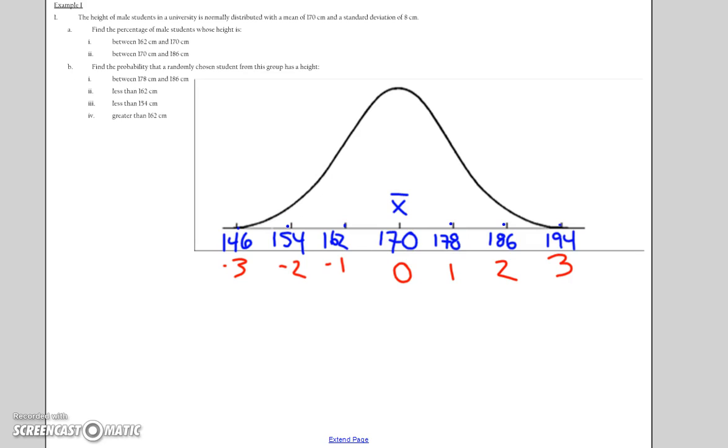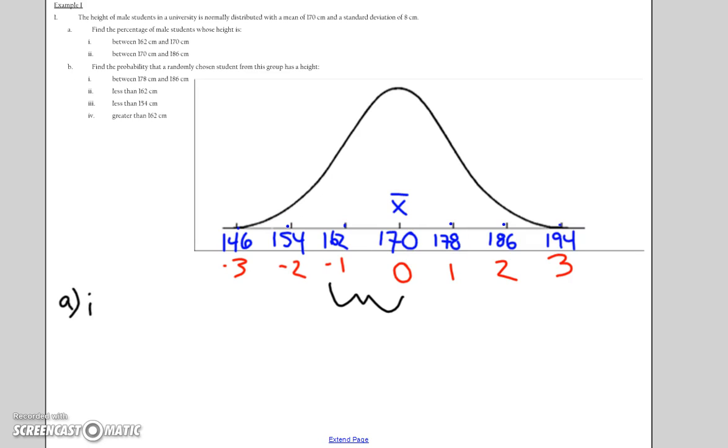So when I go into my calculator, as per the calculator notes, or if we do not have a calculator, you can do this using the reference table from the A2 trig exam. I'm going to want to get this between -1 and 0 for the space on the normal curve.